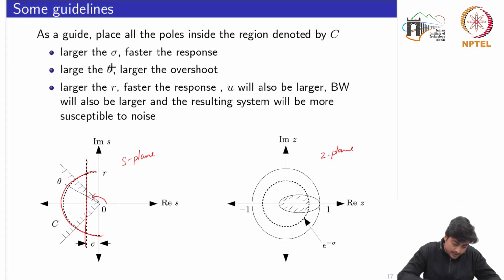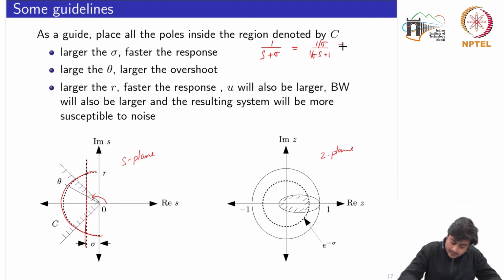So this implication you could see pretty much straightforward. Say for example, the larger the sigma, let's say in terms of the transfer function, if we have a transfer function s plus sigma, I can also write this as equivalent to 1 by sigma, and 1 by sigma s plus 1.